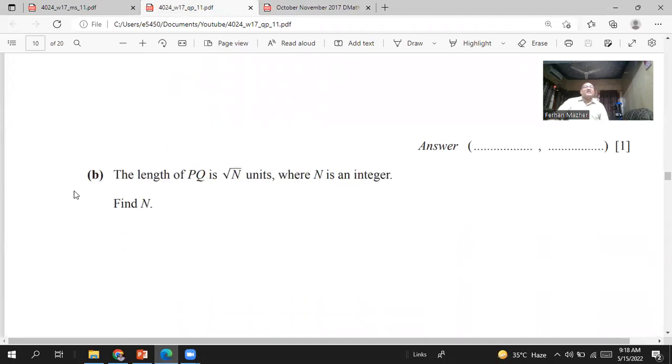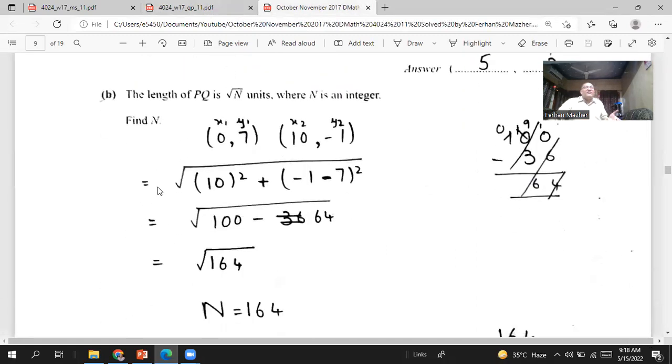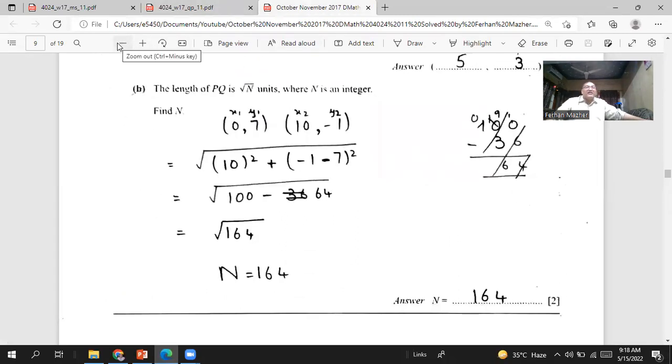Okay, and then the next question, it says the length PQ is square root of n units where n is an integer. Find the value of n. Simply, you have to find the length of PQ. We know the coordinates of P and Q, so we can find the length.